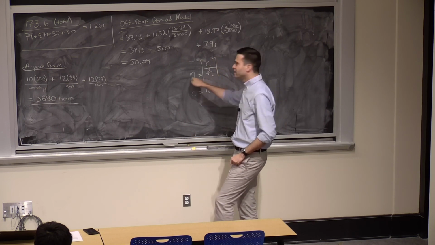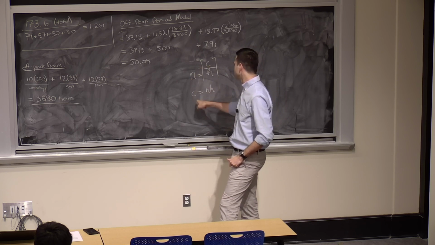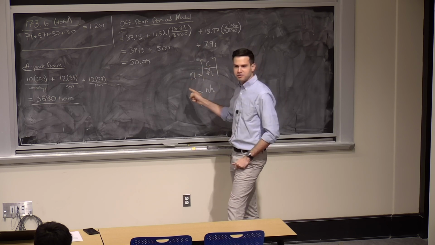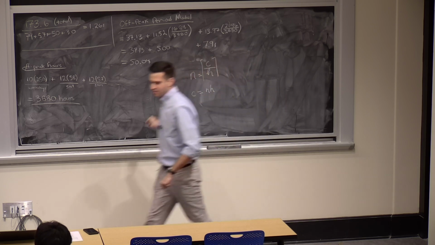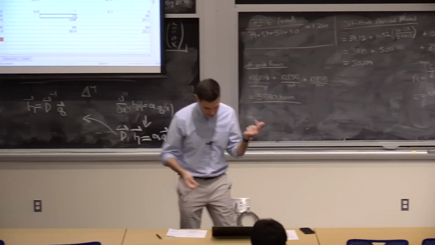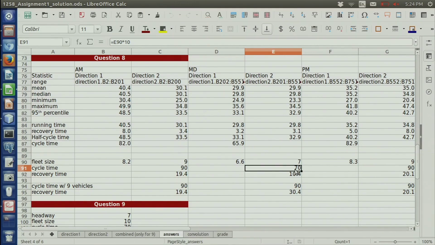Once you've decided what N is, you solve this equation for C and revise your cycle time. Because you rounded up, your cycle time will have gone up, and therefore your recovery time will have gone up. So the revised cycle time is 90 minutes in the AM and PM peaks, 70 minutes off-peak, and the recovery time is the difference between the typical running time and that cycle time.